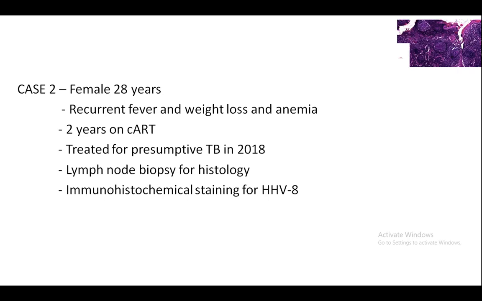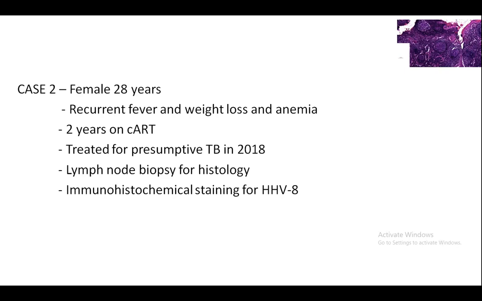She was also treated presumptively for TB, tuberculosis, in 2018. This year we decided to do a lymph node biopsy because she had generalized lymphadenopathy, together with immunohistochemical staining for HHV8. The lymph node biopsy also showed an onion skin ring architecture, and she also had lollipop lesions, which I will show when we get down to the slides.